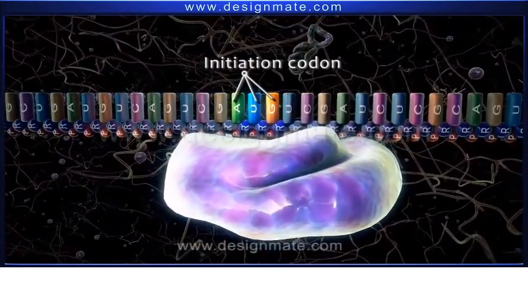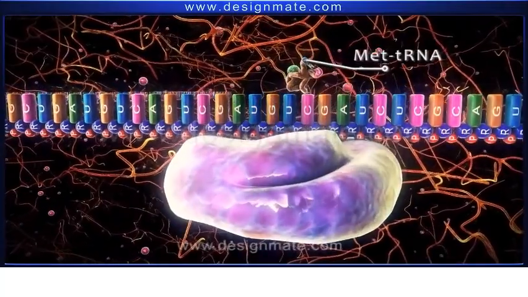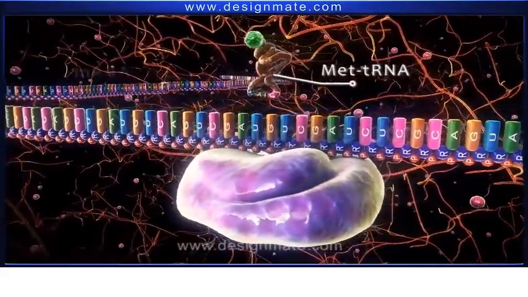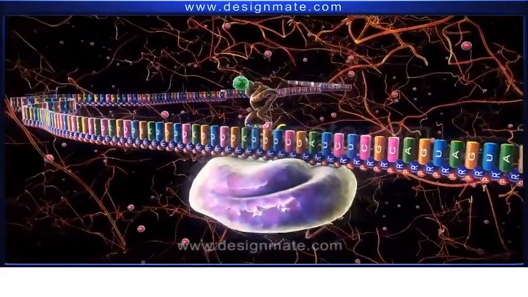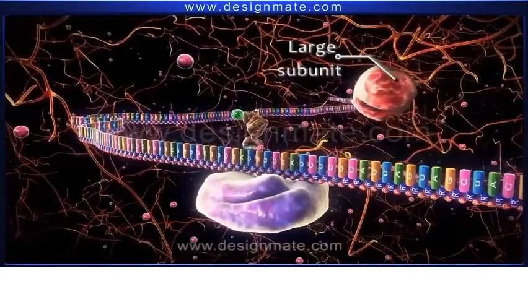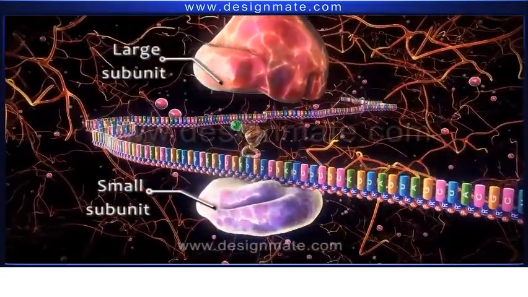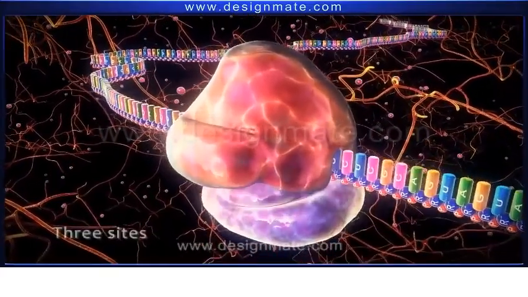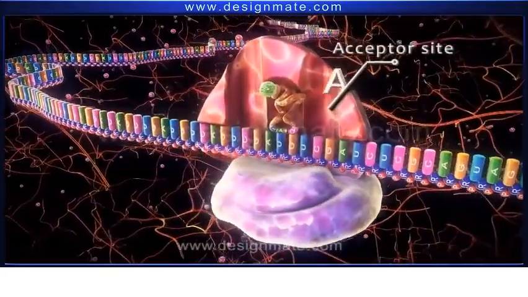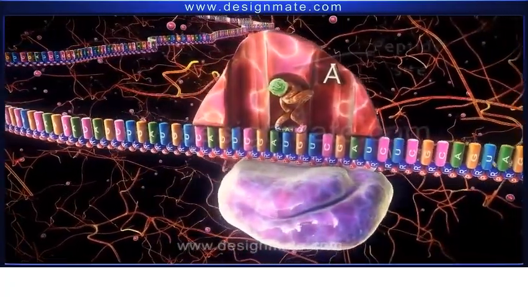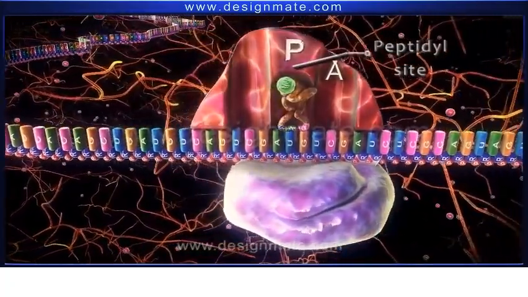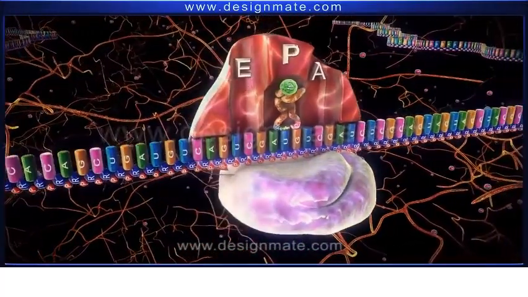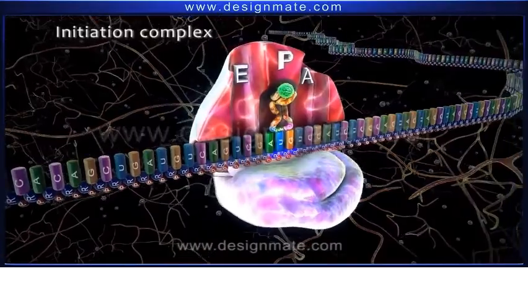At this point, met-tRNA, possessing the anticodon UAC, pairs up with the AUG codon of the mRNA. Then a large subunit of the ribosome combines with the small ribosomal subunit. The large subunit shows 3 sites: the acceptor site or A site, the peptidyl site or P site, and the exit site or E site. This whole unit forms the initiation complex.